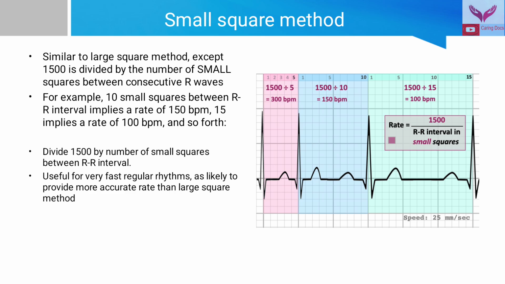When there are 15, it implies a rate of 100 beats per minute. It is useful for very fast regular rhythms as it provides a more accurate rate than the large square method.